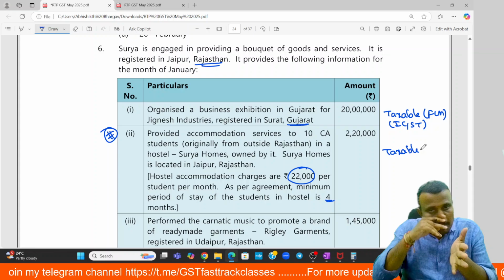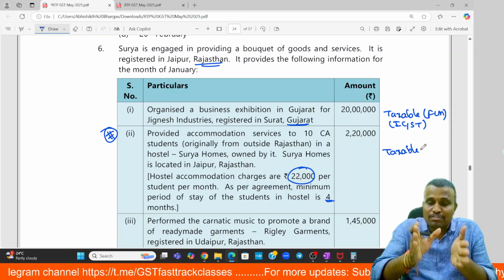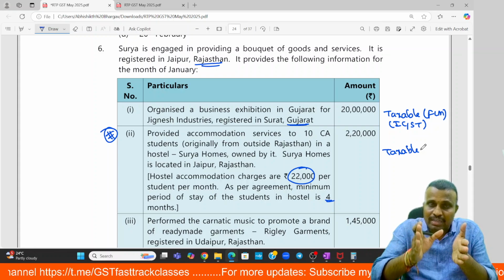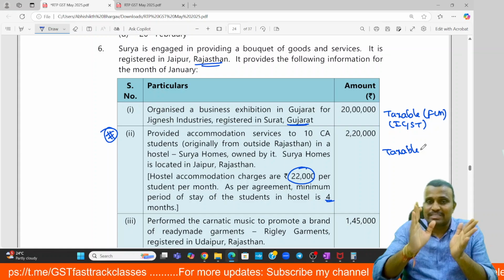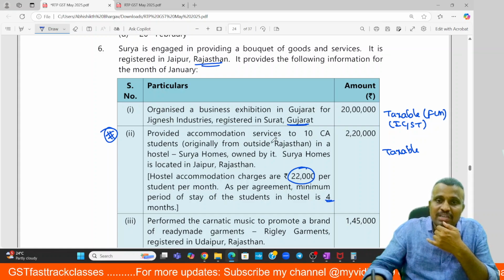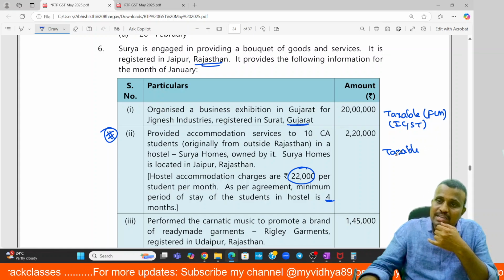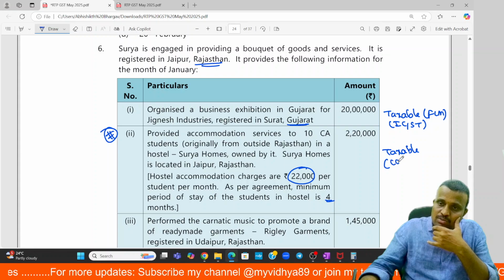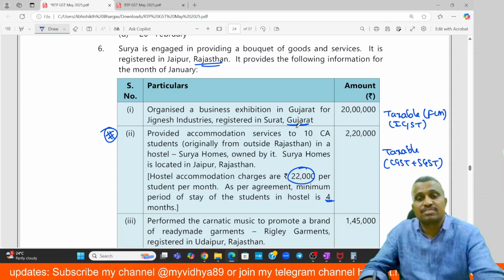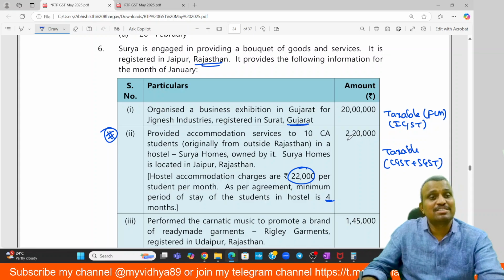In case of immovable property, the place of supply is where that immovable property is located. Since it is located in Rajasthan, it is an intrastate supply. So that is liable for CGST as well as SGST.